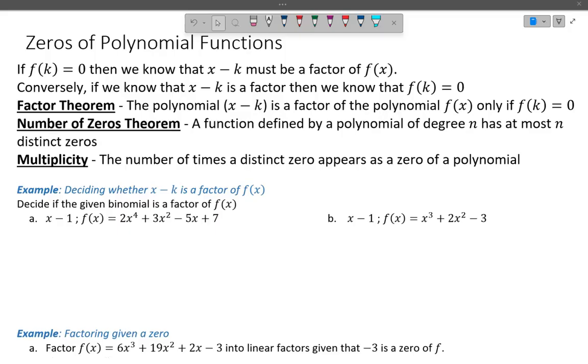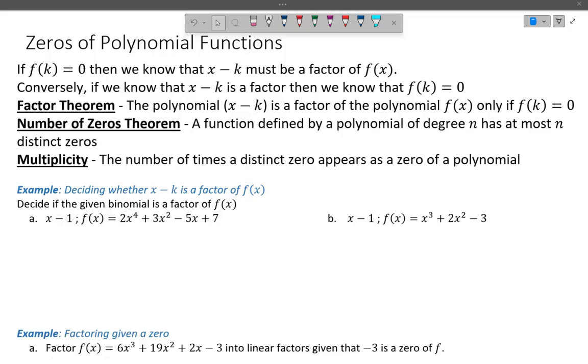The number of zeros theorem says that a function defined by a polynomial of degree n has at most n distinct zeros. So a fourth degree polynomial will have 4 zeros. A fifth degree polynomial will have 5 zeros. Now the number of distinct zeros means the number of unique or non-repeating zeros. Sometimes a zero will repeat, and we call that a multiplicity.